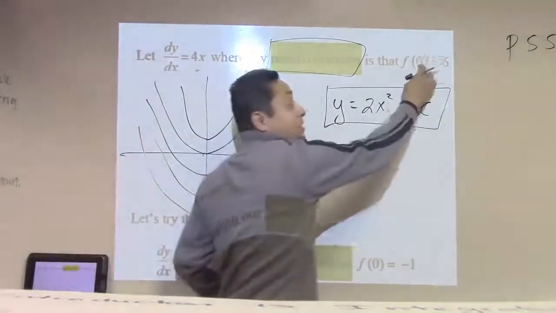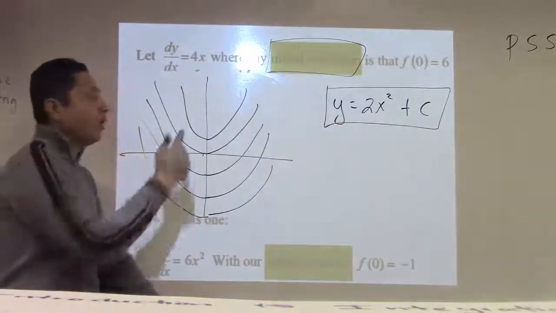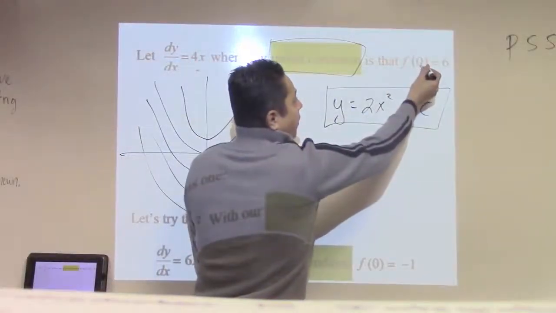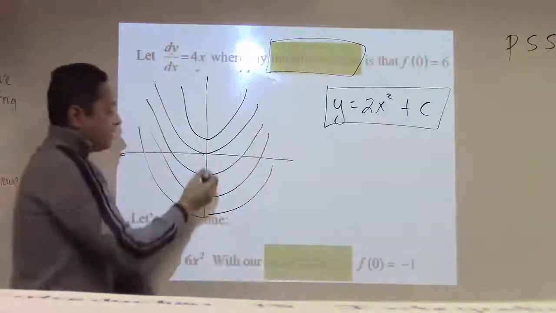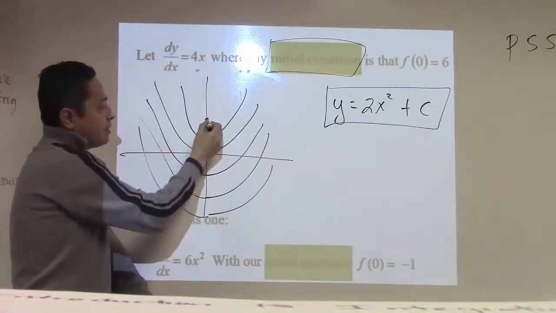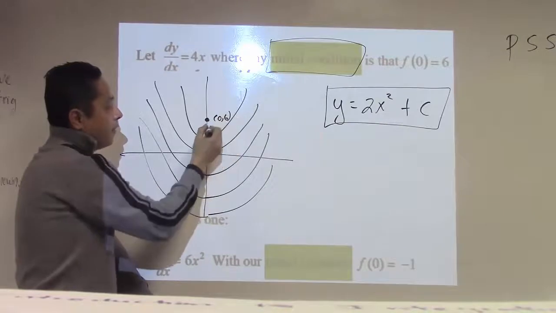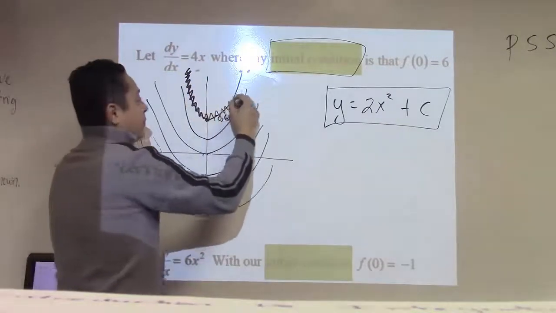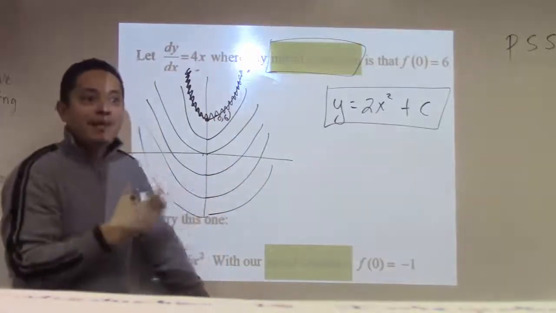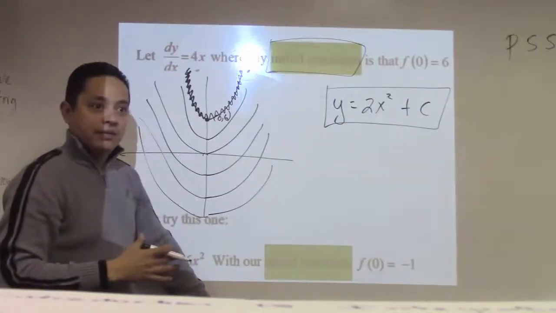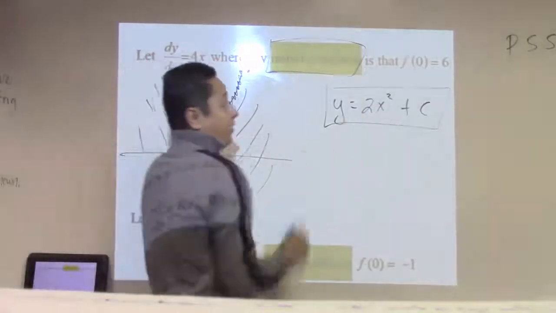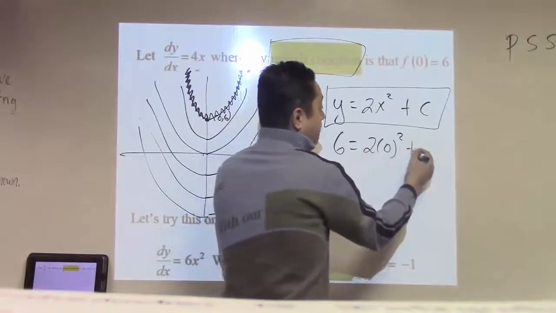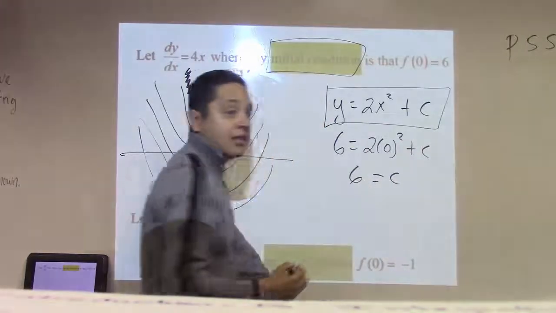So what the initial condition does for you is tell you to go and look for the one that I want. Go and look where 0 and 6 is. When x is 0, y is 6, maybe it's here. I'm looking for this parabola right here. So I'm extracting a family member of all the antiderivatives. Y is 6, x is 0, so c is 6.